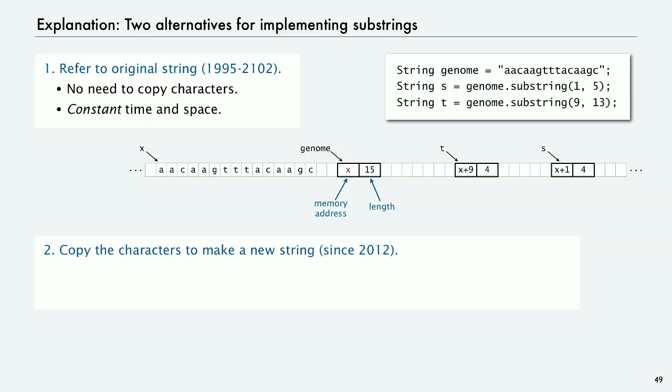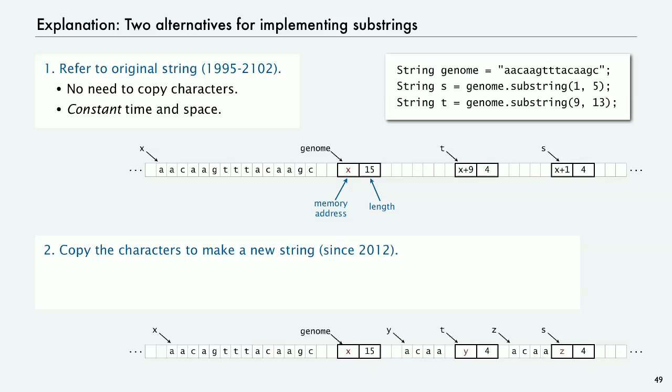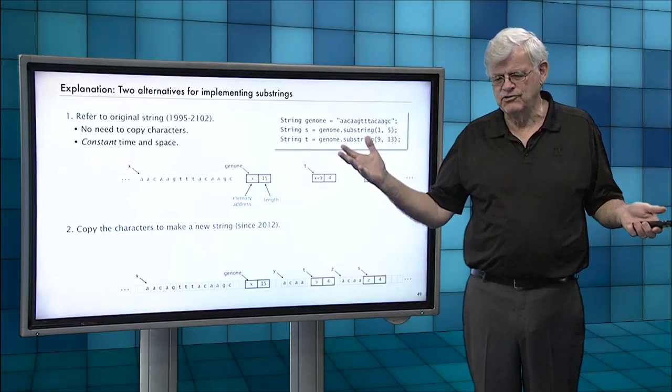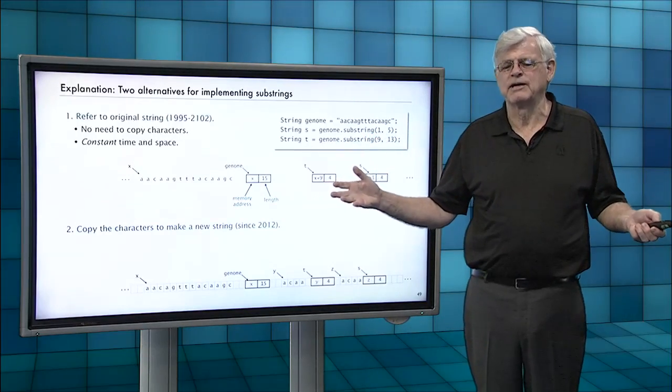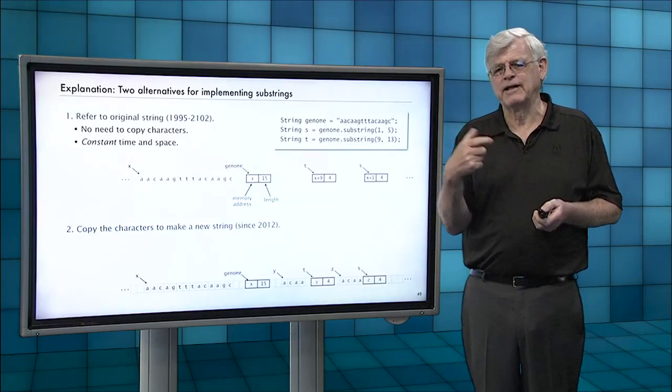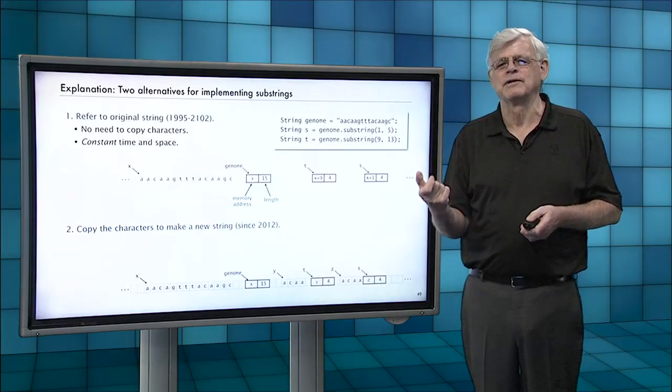But since 2012, they decided to change the representation to one where when you take a substring, it would copy the characters to make a new string. Now, the reason they did this is people would have huge strings like the contents of a web page, and they would take only a small substring out of that huge string and hold on to it.